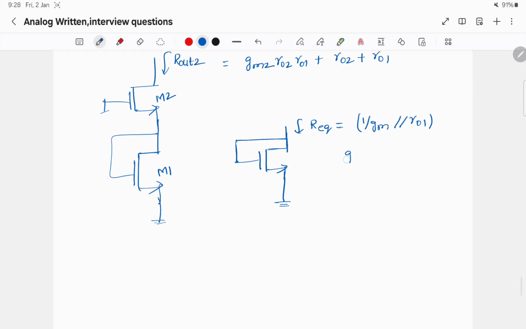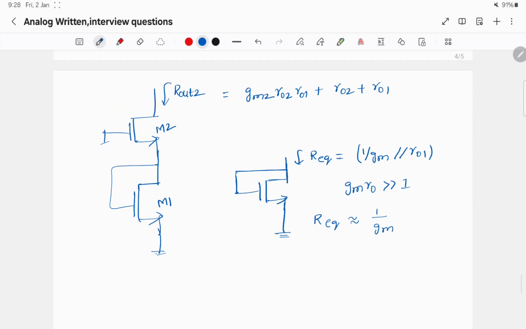So if GM RO is far greater than 1, we can say that R equivalent is approximately 1 by GM. So R out becomes GM2 times RO2 times 1 by GM1 plus RO2 plus 1 by GM1.